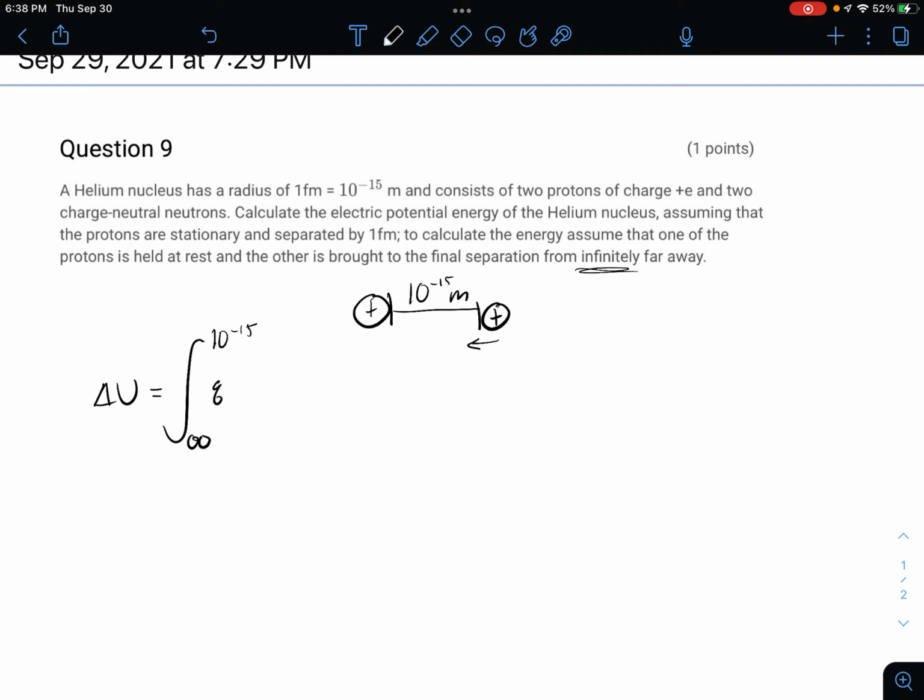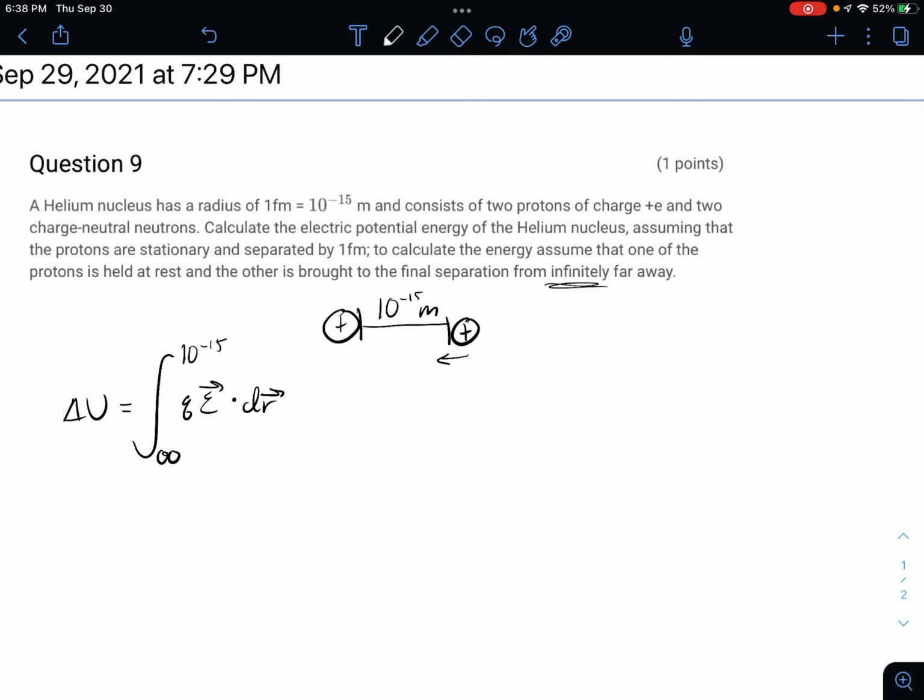So our equation for this is Q times the electric field dot dr, right? Our electric field, as caused by this proton, is going to be that way, and our radius from that proton is like that as well, or like that when it's infinitely far away.